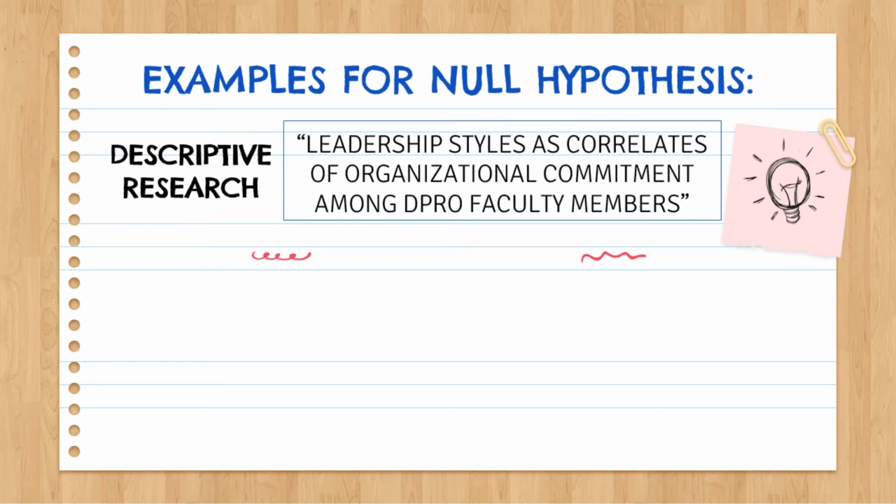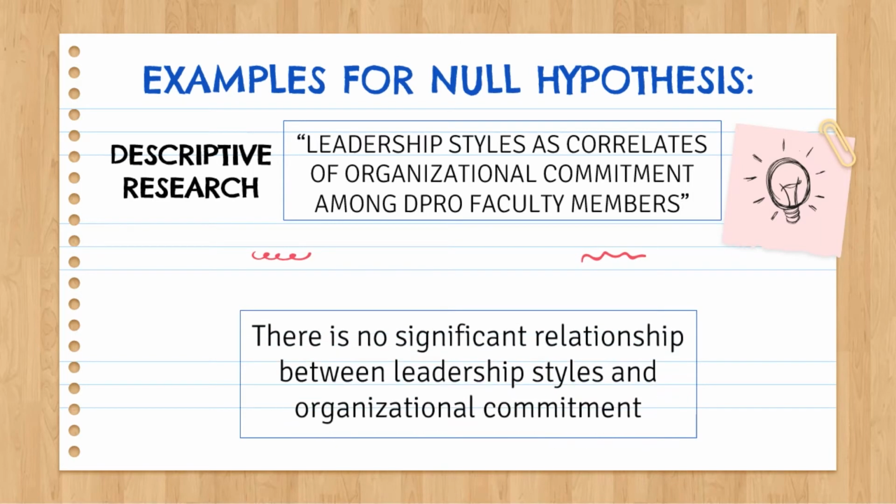Let's see if your answer is the same with this. There is no significant relationship between leadership styles and organizational commitment. Remember that when we say null hypothesis, it signifies that there is no difference between two or more situations, groups, outcomes, or phenomenon.